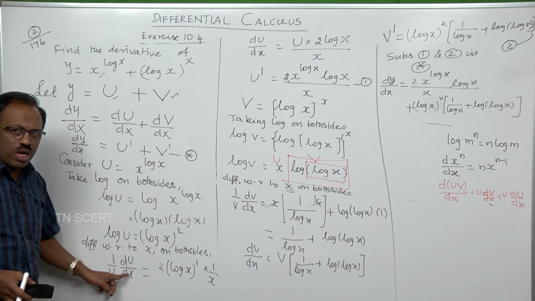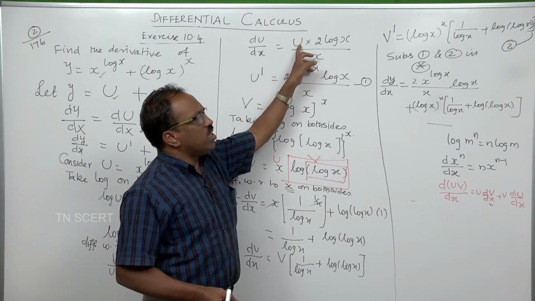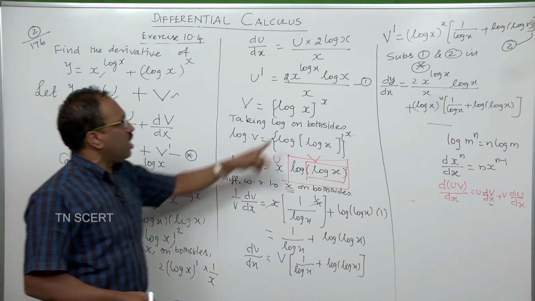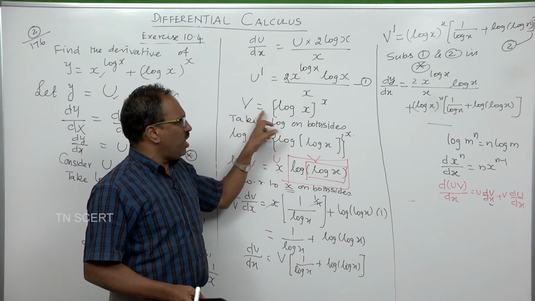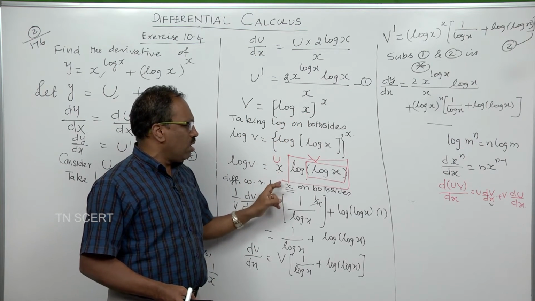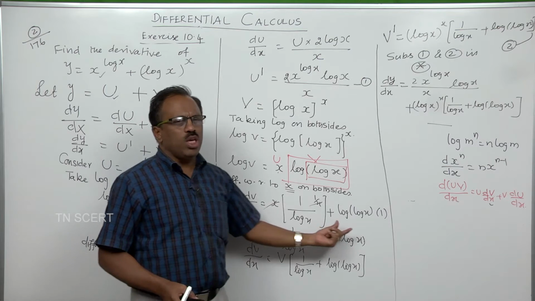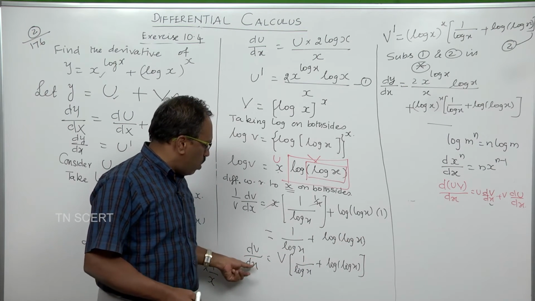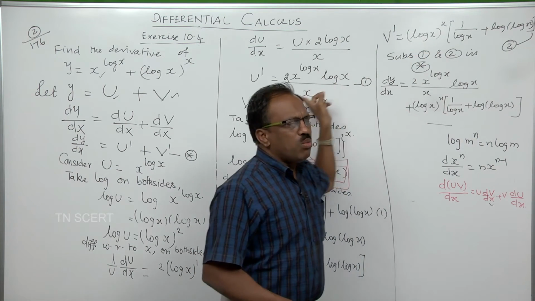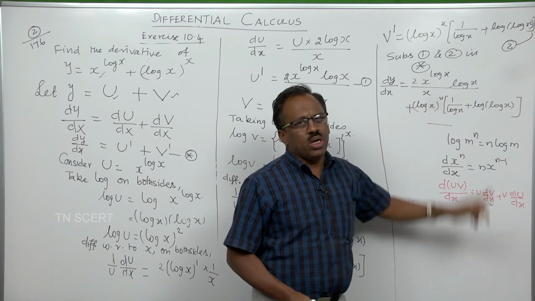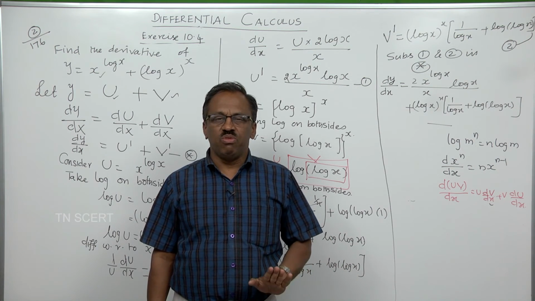Then we carry over u to the right hand side and simplify. Likewise, the second step: taking v, the power term involves x, taking log and simplifying. After that we differentiate with respect to x, applying the uv formula, and carry over the left hand side, and finally we got result 2. The sum of 1 and 2 is the result, that we substituted and got the answer. This is the solution for the problem, a very important sum.